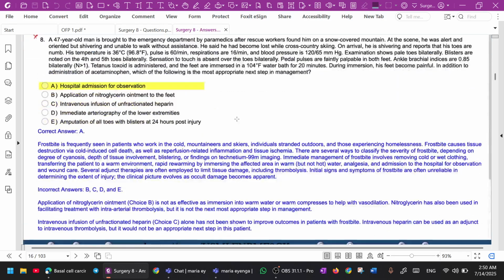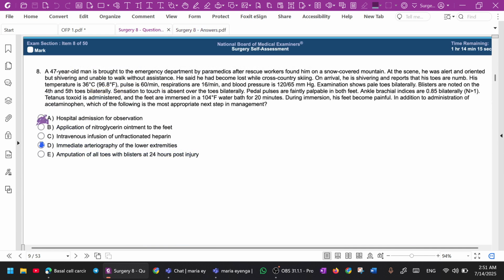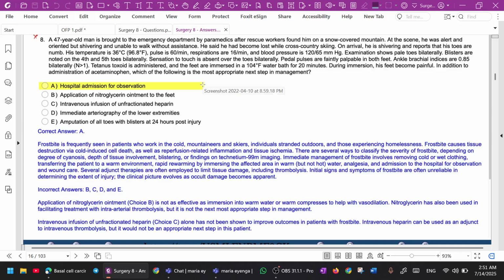Frostbite is frequently seen in patients who work in the cold, mountaineers and skiers, individuals stranded outdoors and those experiencing homelessness. Frostbite causes tissue destruction via cold-induced cell death, as well as perfusion-related inflammation and tissue ischemia. There are several ways to classify the severity of frostbite depending on the degree of cyanosis, depth, and tissue involvement, blistering and findings on technetium-99 imaging.